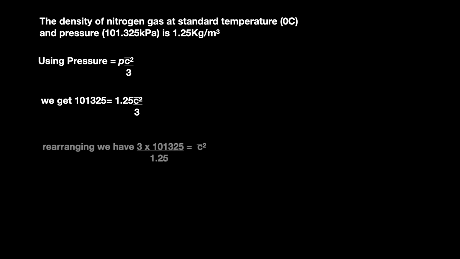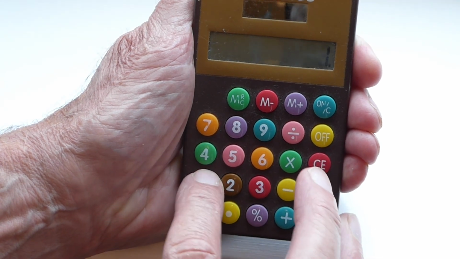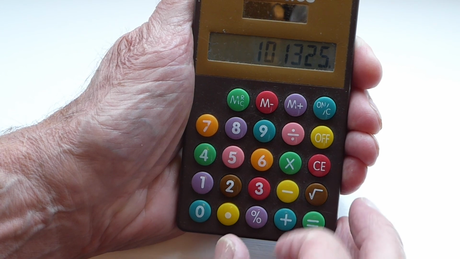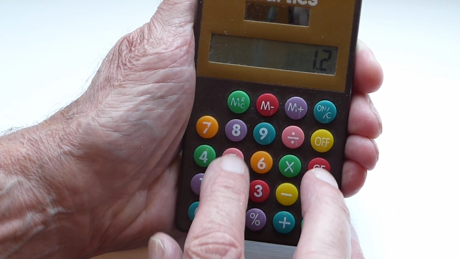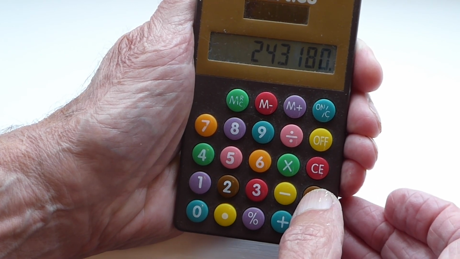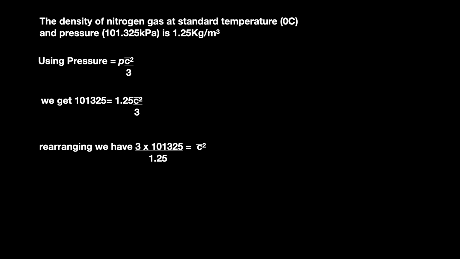We rearrange this to get an expression for bar C squared. Using my rather ancient and not particularly scientific calculator, we punch in the numbers and get the expression for bar C squared. But it is bar C we want, so we need to take the square root of that final answer to get our speed of just over 493 meters per second.